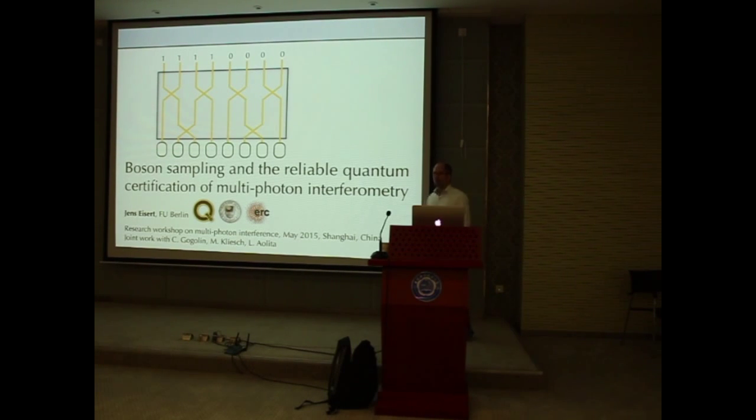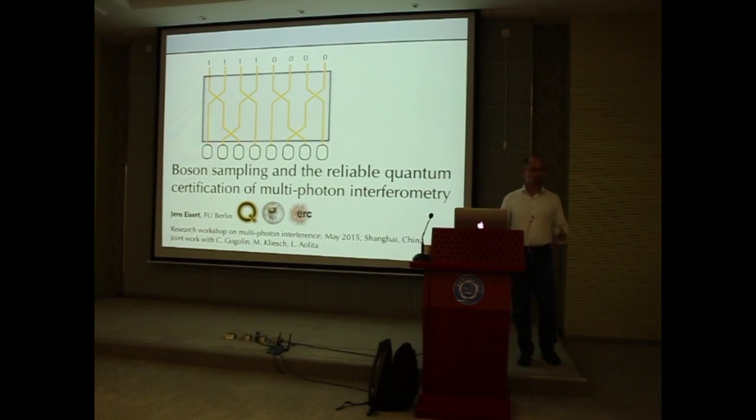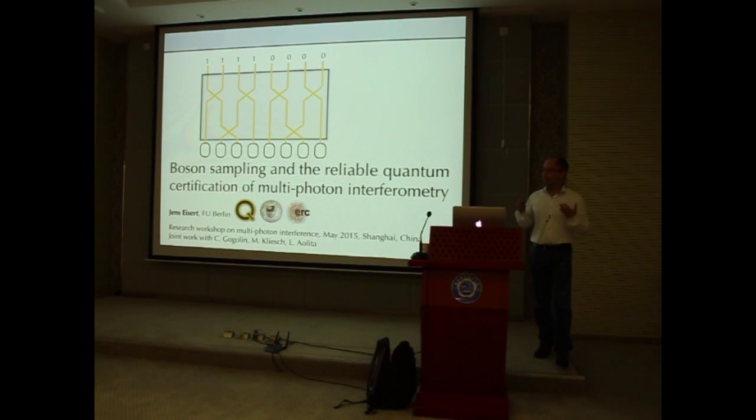So this talk will be about something pretty much everybody else was also speaking about, namely boson sampling and the reliable quantum certification of multi-photon interferometry. That's the beauty and charm of a strong and focused meeting like that, things overlap and come together.